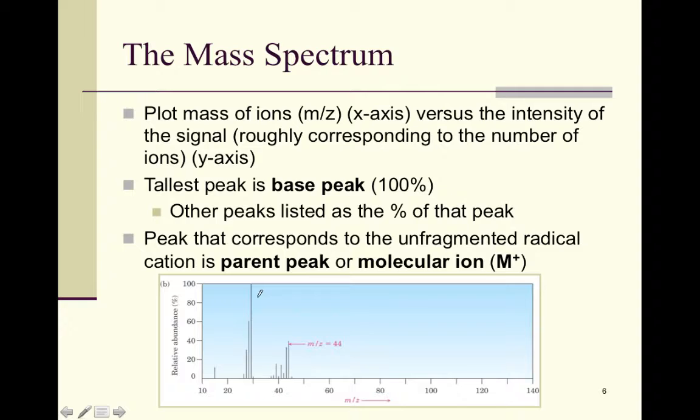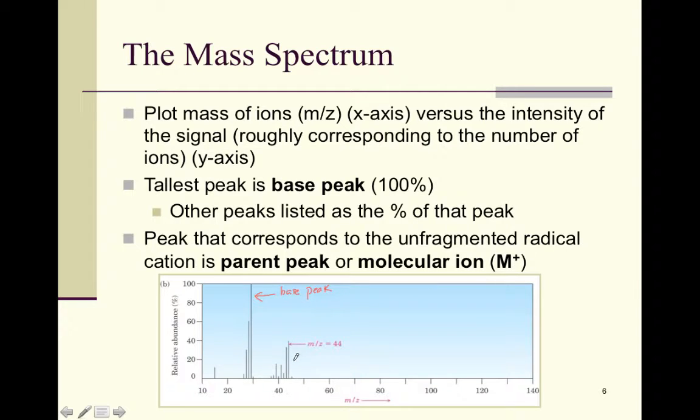The tallest peak, in this case right here, we'll call about 39. This is going to be known as my base peak. All other peaks are listed as a percentage of this peak. The peak that corresponds to the unfragmented radical is called the parent peak, or the molecular ion, known as M+.